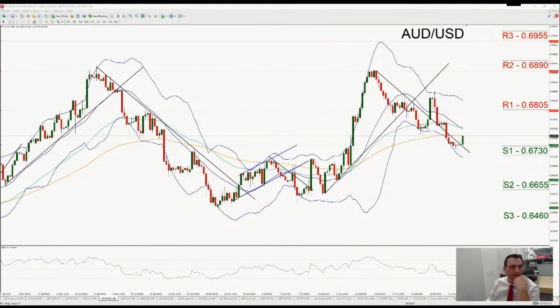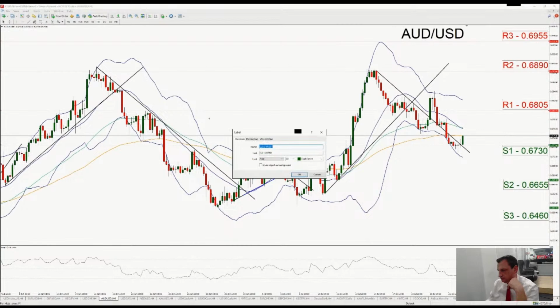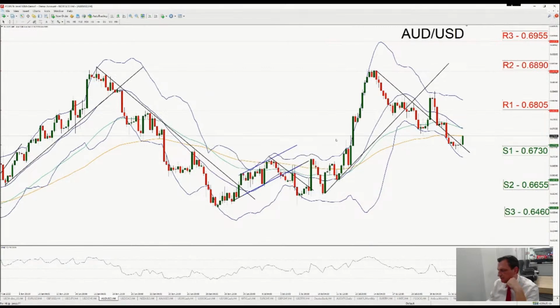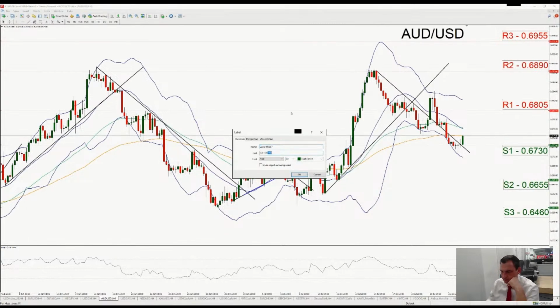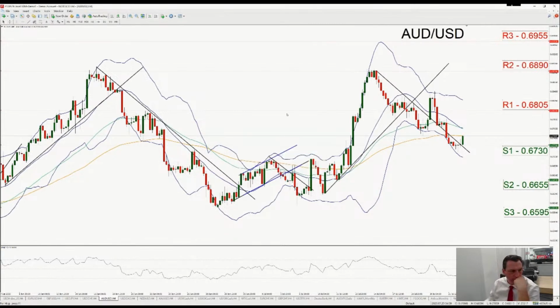And finally, the S3, which is also a low point in the chart, 0.6595. Here you go.